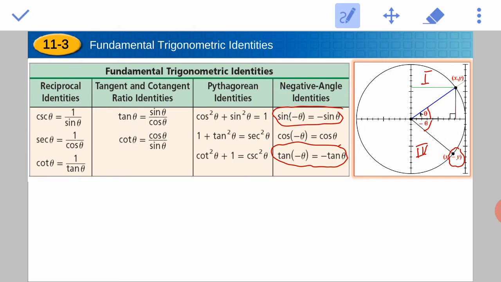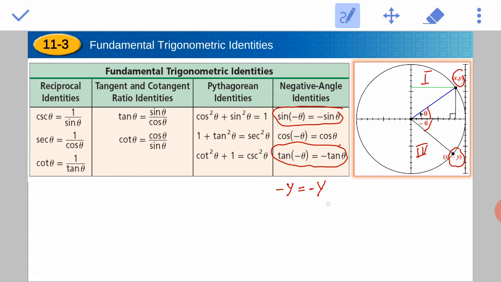So sine angle negative theta is negative y. What about sine angle theta? Sine angle theta in quadrant 1 is y. This negative y is exactly the opposite of the y. So you need to take this negative sign outside. So sine angle negative theta is the same as the opposite of sine theta.